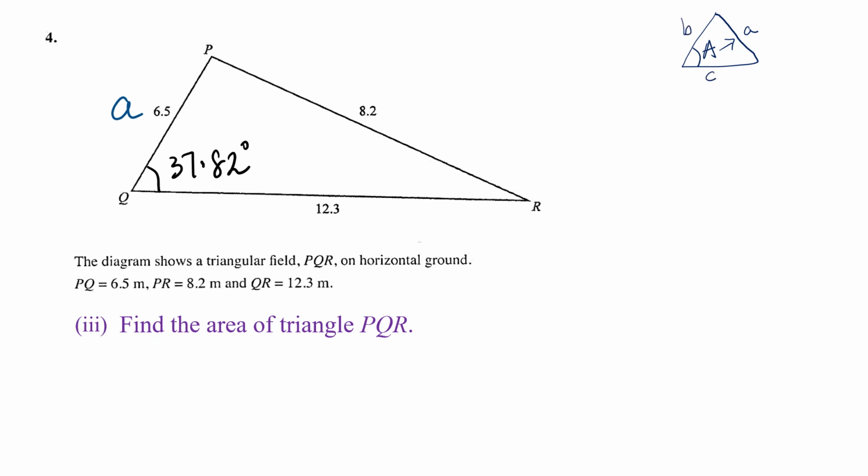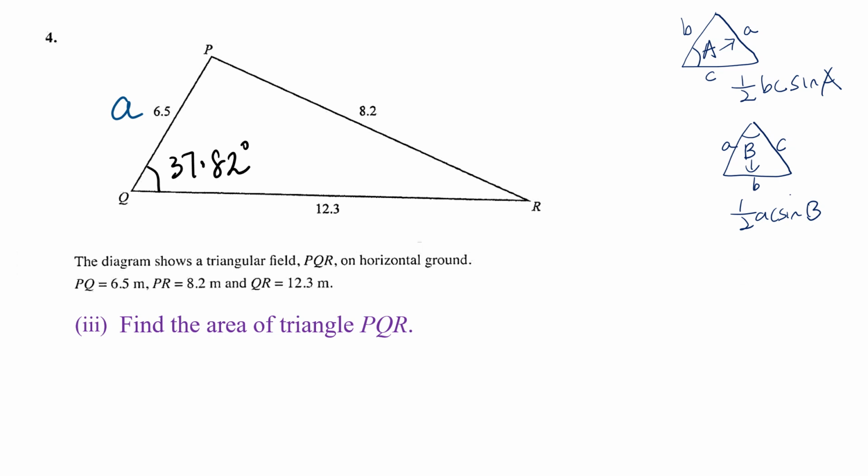So the area of this triangle will be half bc sine A. Supposing you don't know angle A, but you know angle B, and the other two sides, it will be half ac sine B.